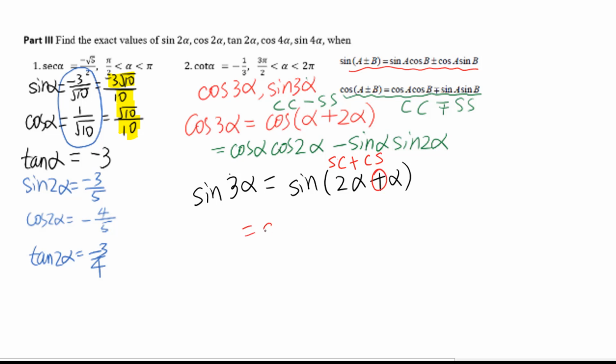You will get sine 2 alpha cosine alpha plus cosine 2 alpha times sine alpha.